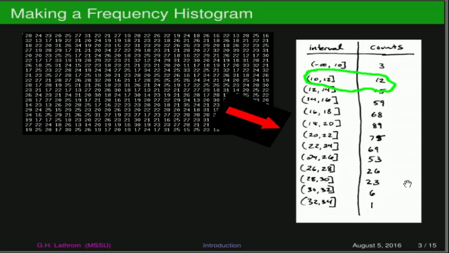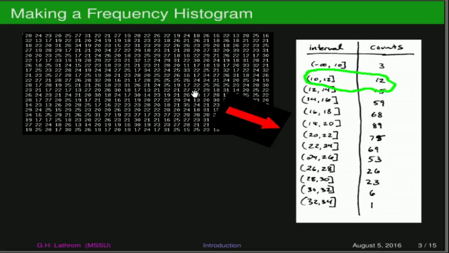The reason for the intervals being non-overlapping is so that we don't count our data points twice. Each data point shows up in one and only one subinterval, so our total number of counts, if we add them all up, should equal our total number of data points.